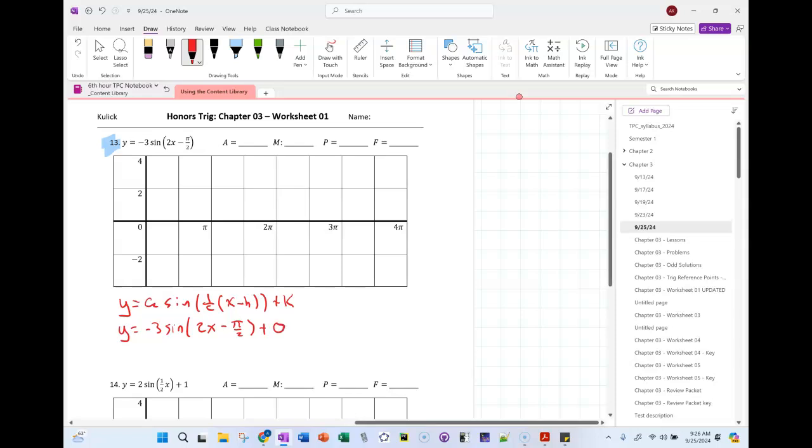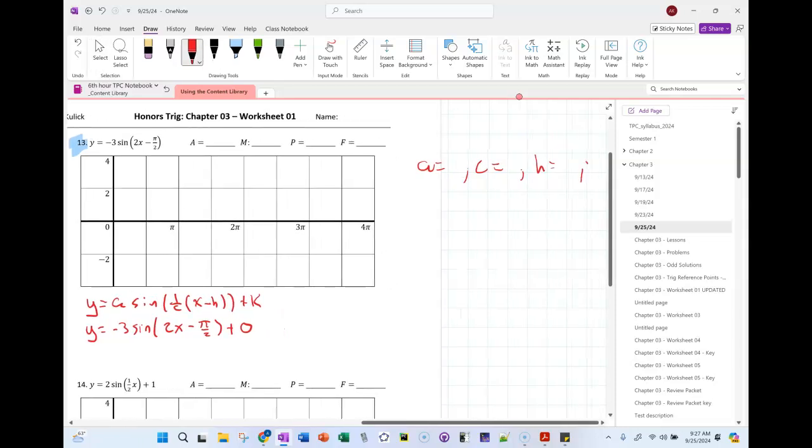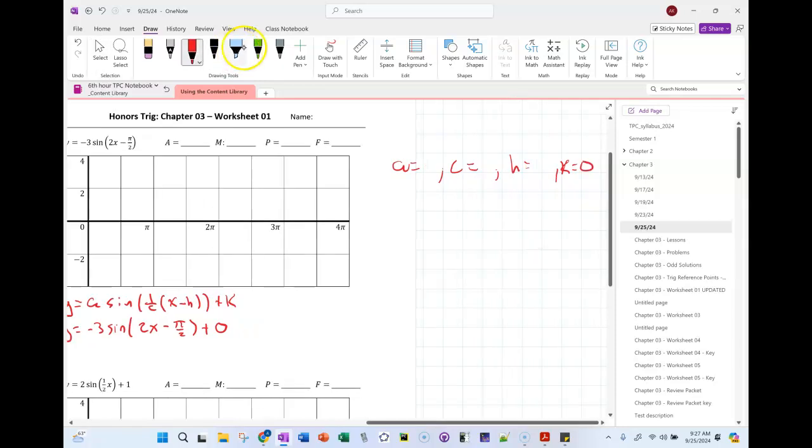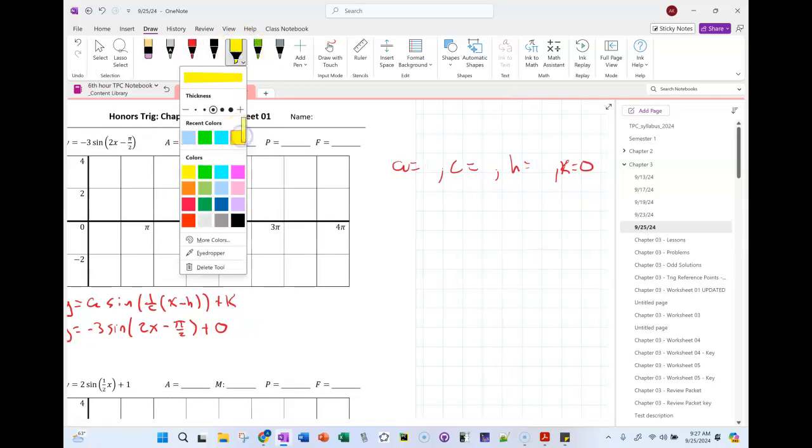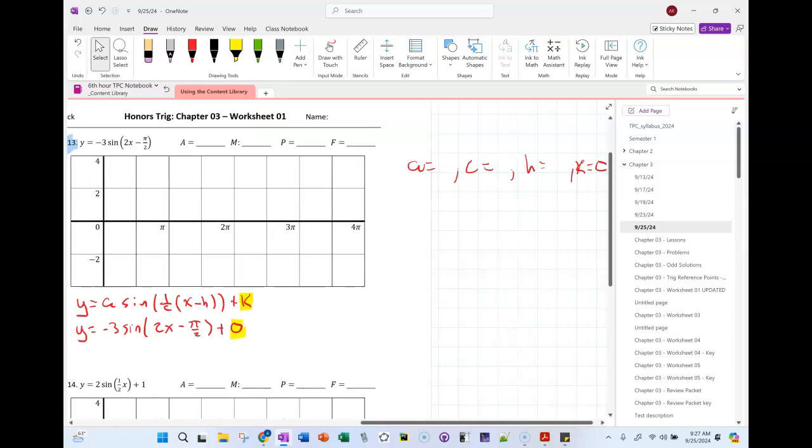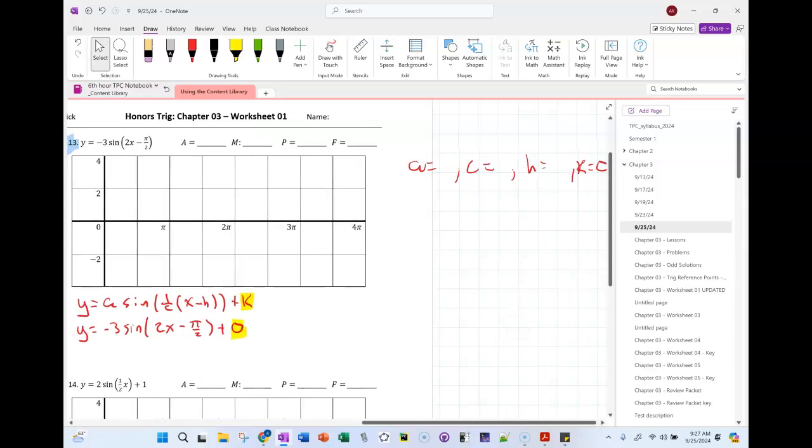Notice there was nothing added or subtracted at the end, so I'm going to write a plus 0 there to remind me that k is 0. And hopefully everybody's super cool with that, that one's pretty obvious, right?